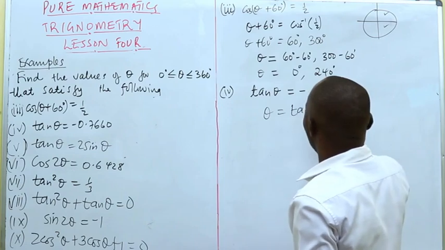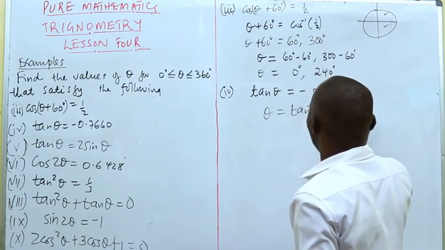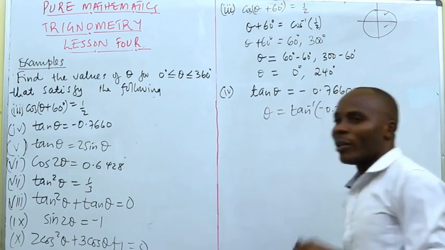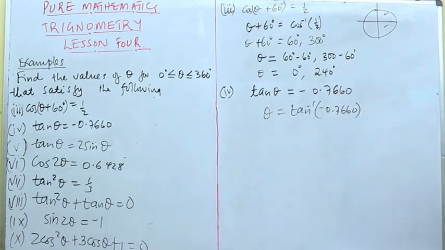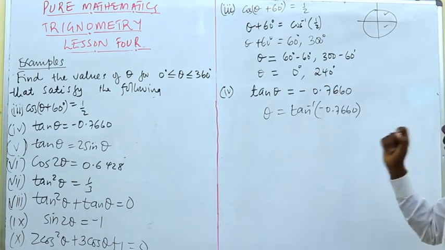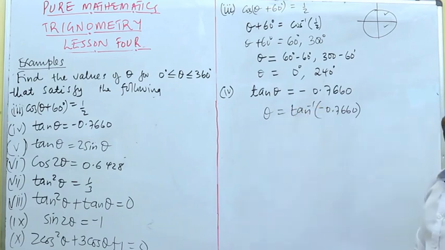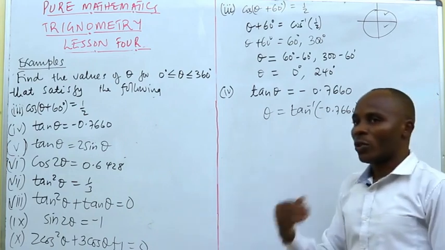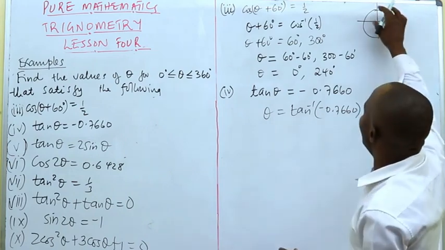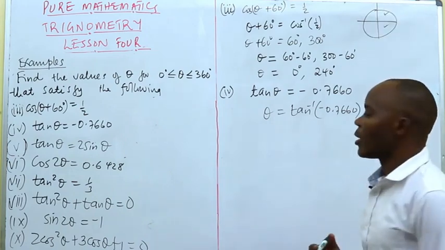Tan arc of negative 0.7660. You remember what I said in example 2? I said if you have a negative ratio in your calculator, treat it as a positive, but use the technique.